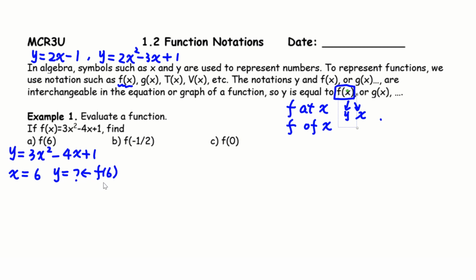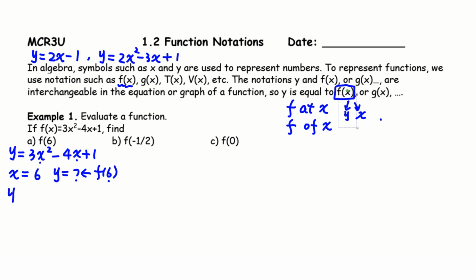So f of 6 gives you the input, the x value is 6, and the value of f of 6 is the y value. So how are we going to do it? We are going to do the substitution. When you are looking for the y value, if it's a function, the y is isolated, we always do the substitution. Just substitute the x value, replace the x with 6.